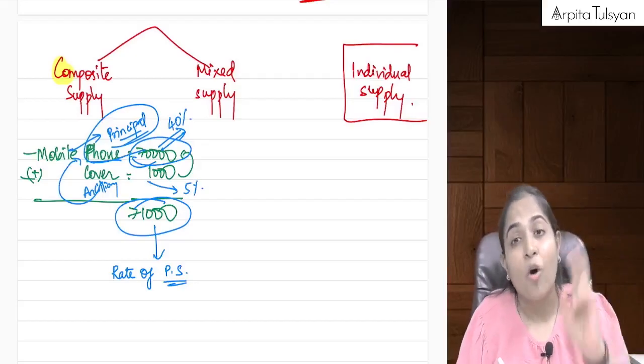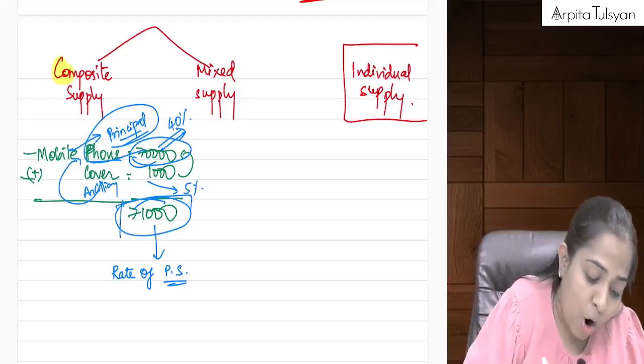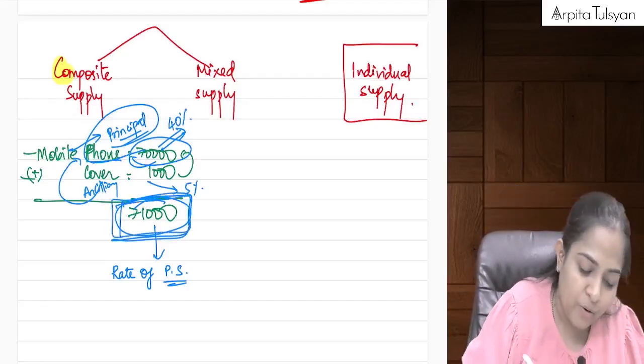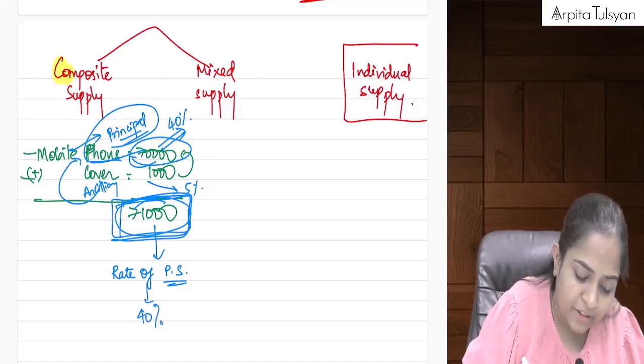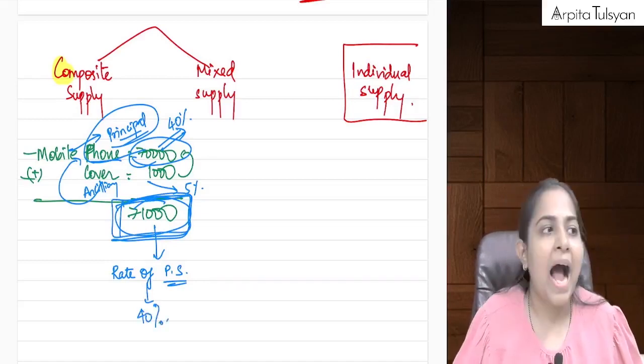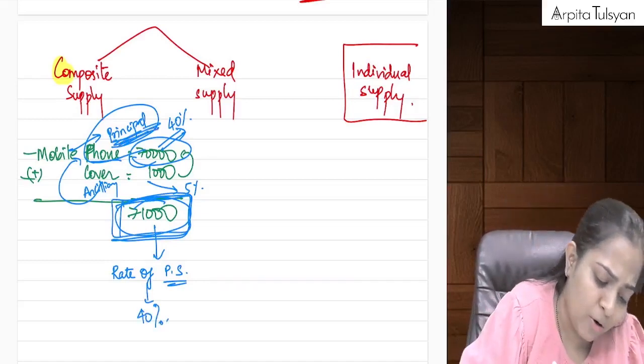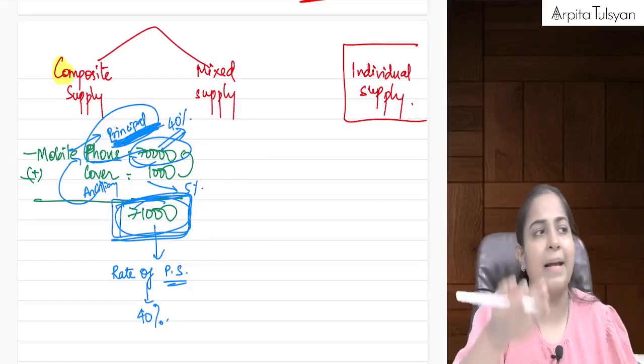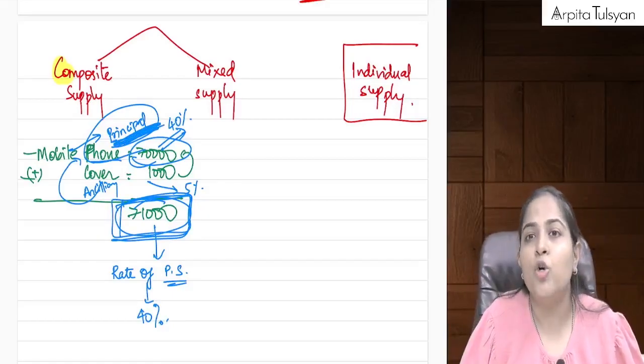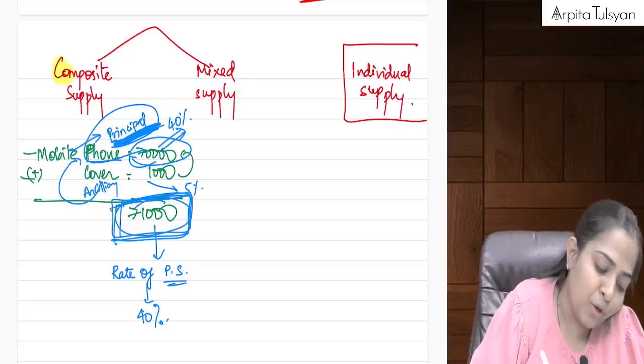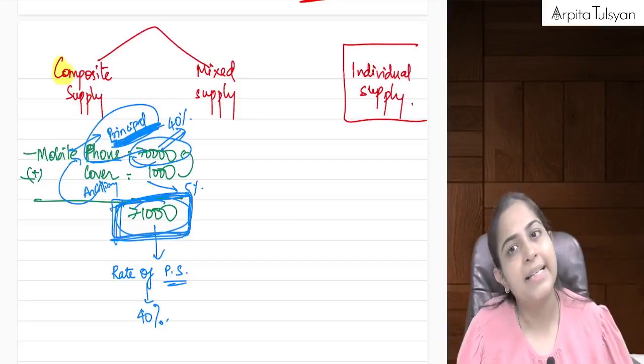Still, because it is considered a composite supply, on this entire 71,000 the GST rate of 40% will be applicable. Are you able to understand? Whatever is the rate of the principal supply, the same will be applicable on the total amount, provided we are able to prove that yes, it is a composite supply.